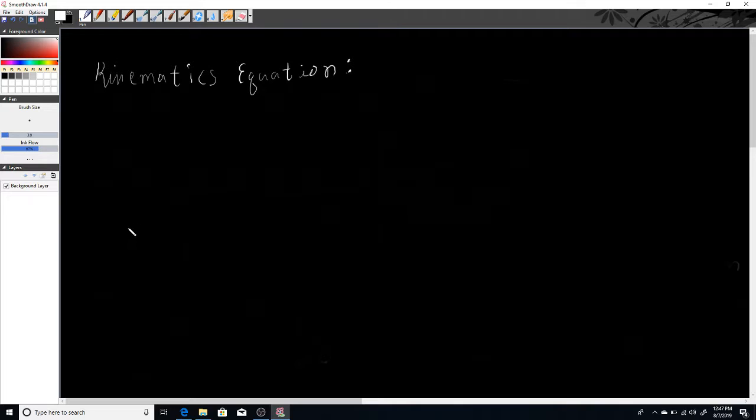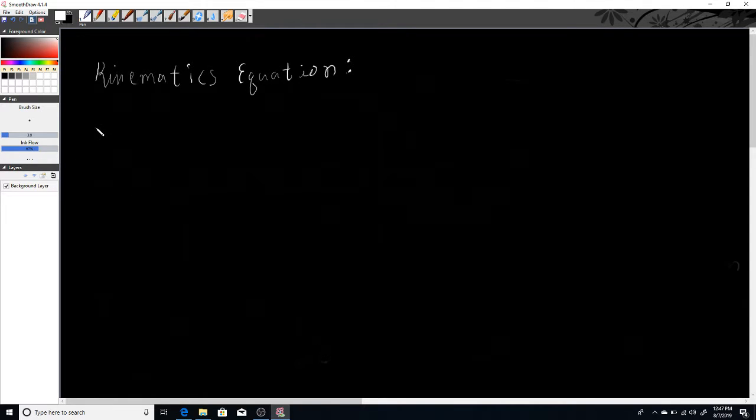I sort of gave you an introduction into how these things work, but now I won't derive, but I'll show you the very general equations for position, velocity, and acceleration.